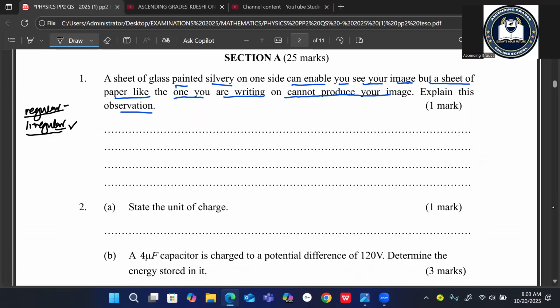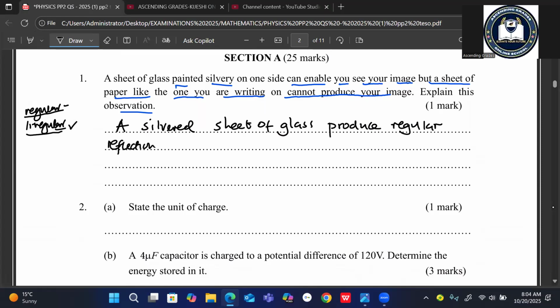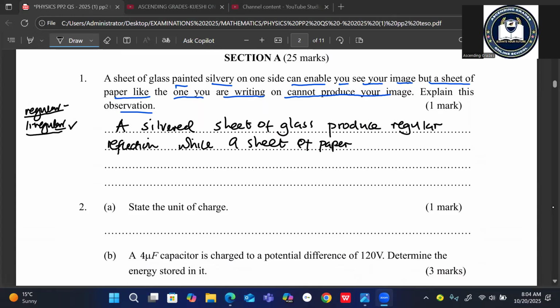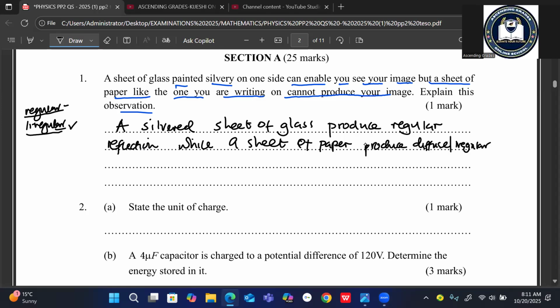Therefore, a silvered sheet of glass produces regular reflection, while a sheet of paper produces diffuse or irregular reflection.